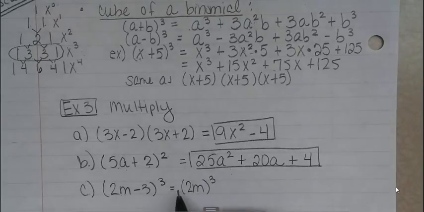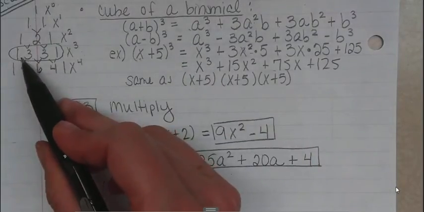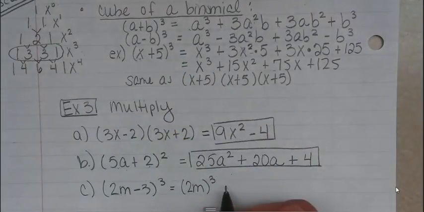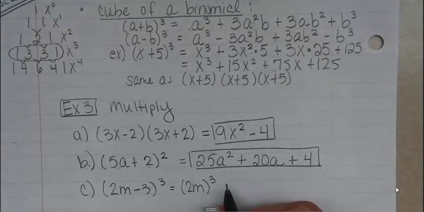But imagine there's a 1 out here, and that comes from the coefficient there. Since it's subtraction, I'm alternating signs. I start positive, then negative, then positive, then negative. So next is going to be negative.